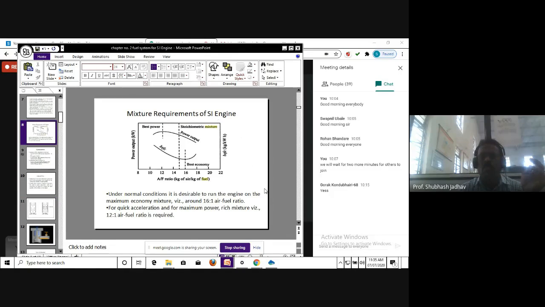Now, whatever we have discussed so far is basically the mixture requirement. Moving ahead, we will discuss what you call carburation. As we said, a carburetor is a device which prepares the mixture, and the process of preparing the mixture is what you call carburation. So what is carburation?